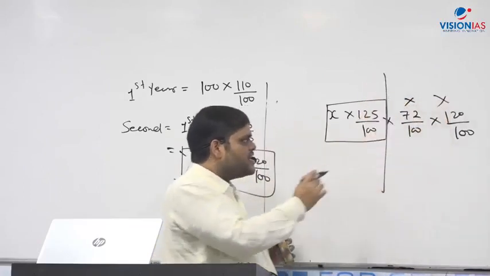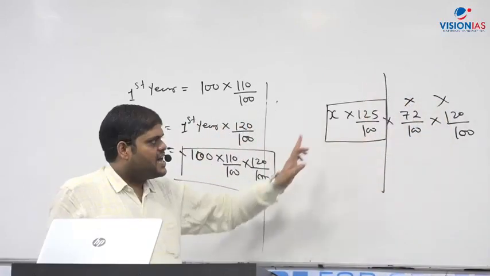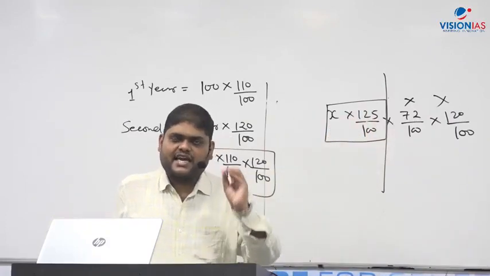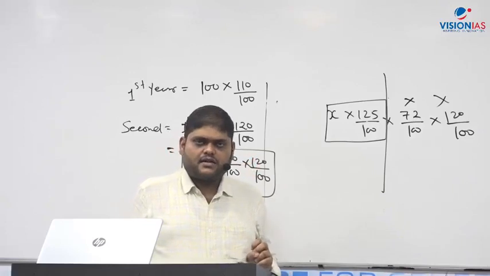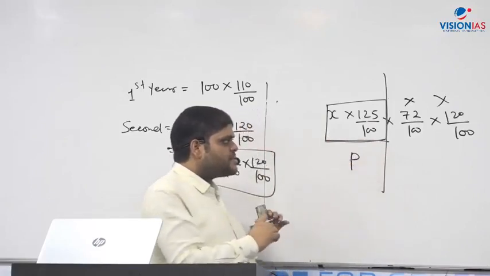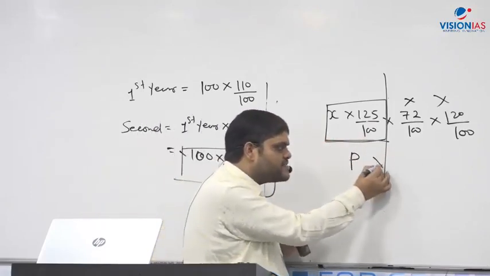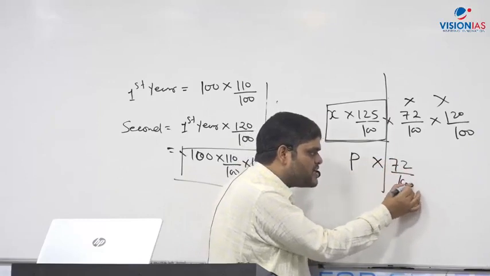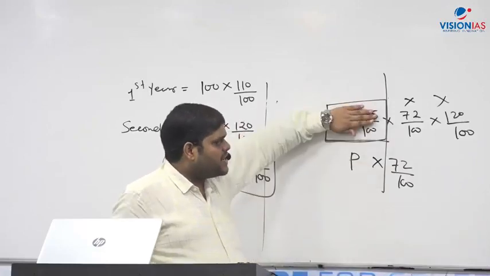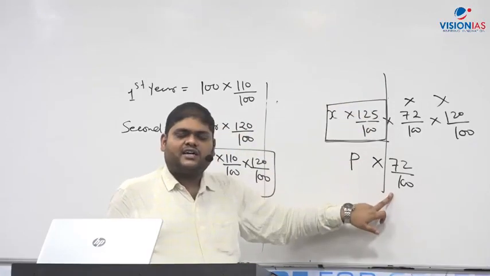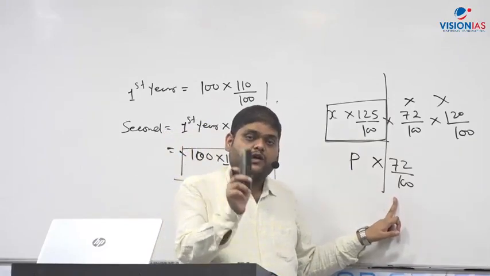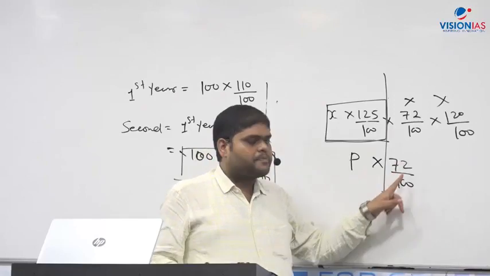Now if I take only this part, the meaning is x is increased by 25%. Suppose this is P. Now what is the meaning of P into 72 upon 100? Whatever value comes after the 25% increment, now that value, 72 upon 100, means that value is decreased by 28%.